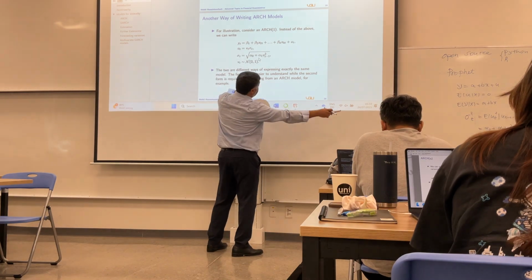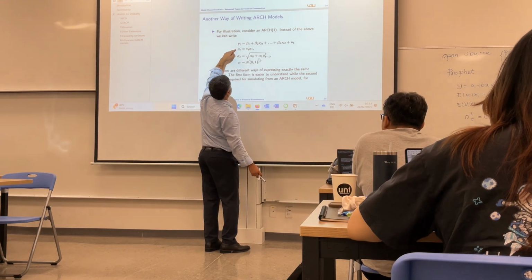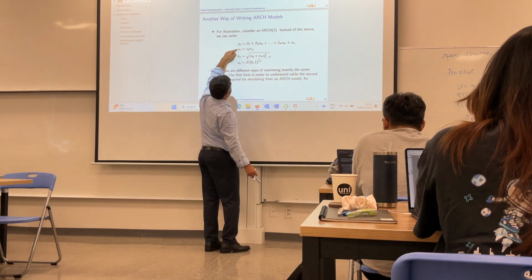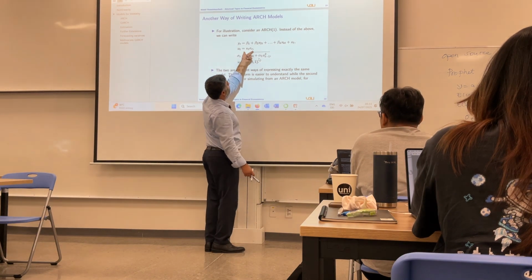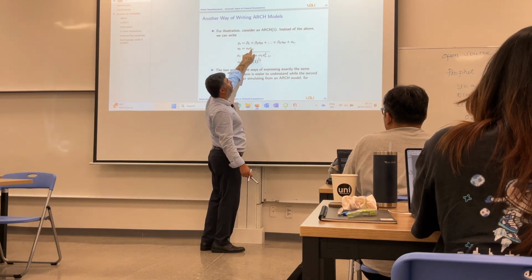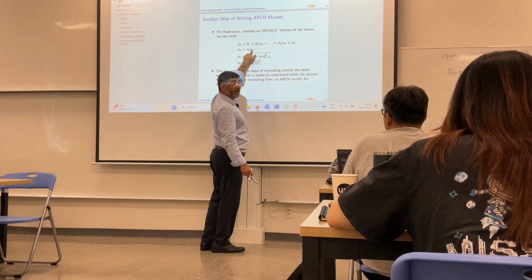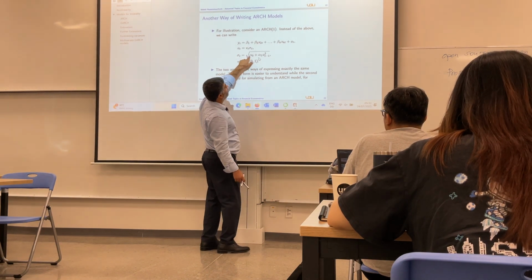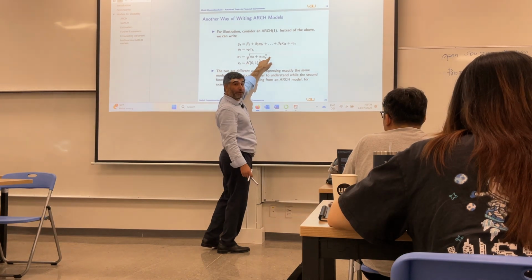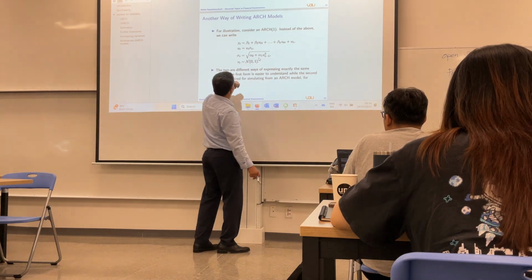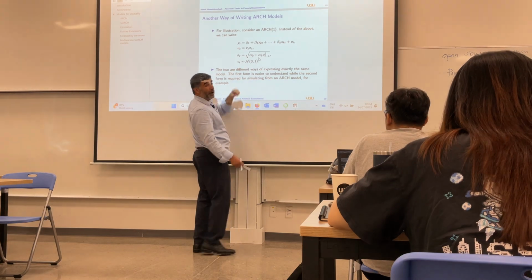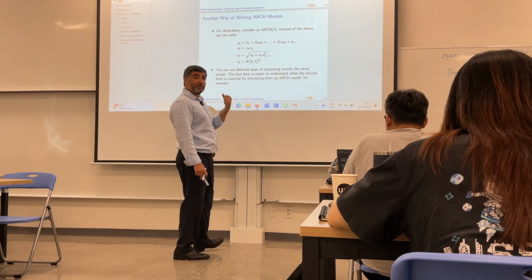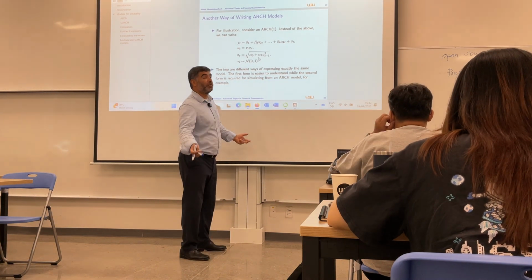So we parameterize there, and here we say that u t is a random shock times sigma t, distributed with some distribution.